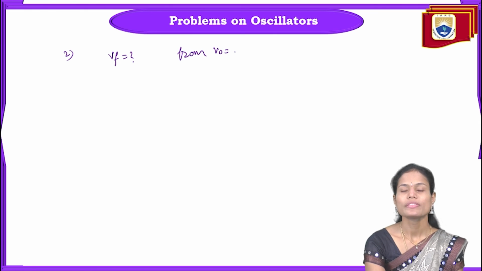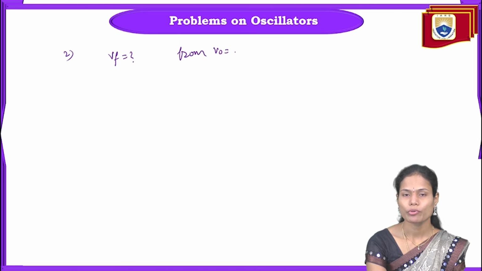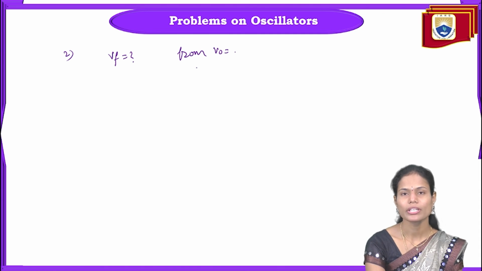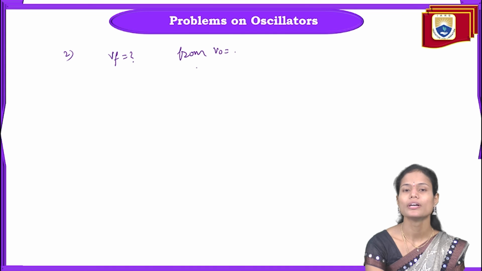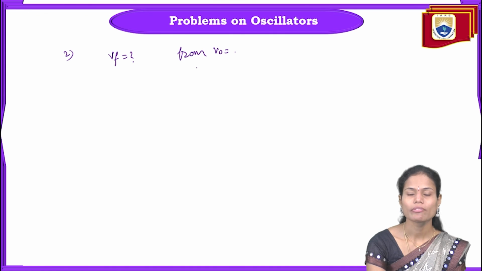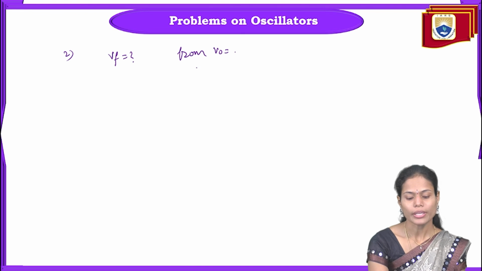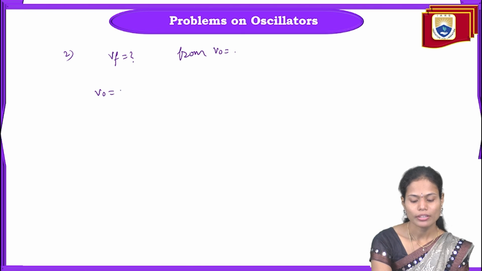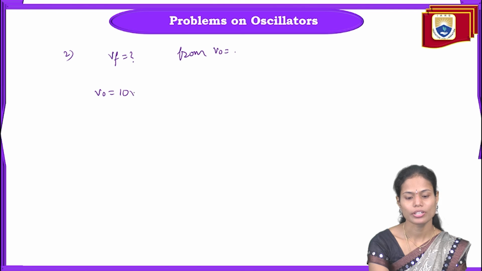In the case of an oscillator, we are not providing any input voltage, so the input voltage must be 0. The feedback voltage Vf is some portion of the output signal that we give back to the feedback network. Here the V0 value is given as 10 volts.